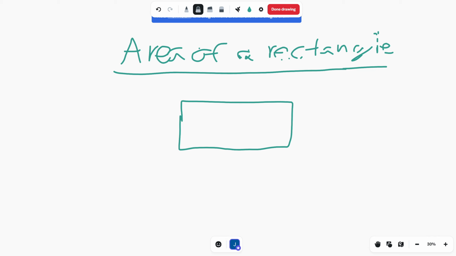It has two sides that are parallel to each other and another set of sides that are also parallel to each other. The first pair is always longer than the second pair, and that's what makes a rectangle, and then also the four corners. So that's somewhat of a general definition of a rectangle.